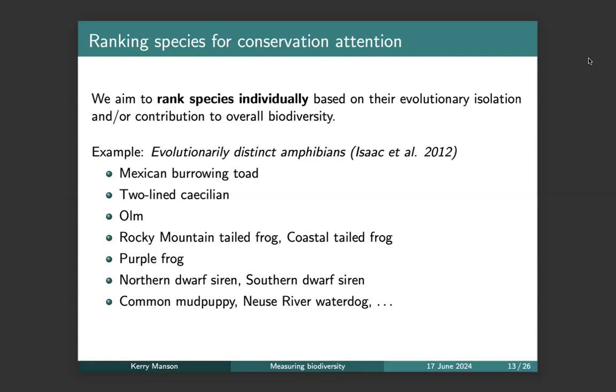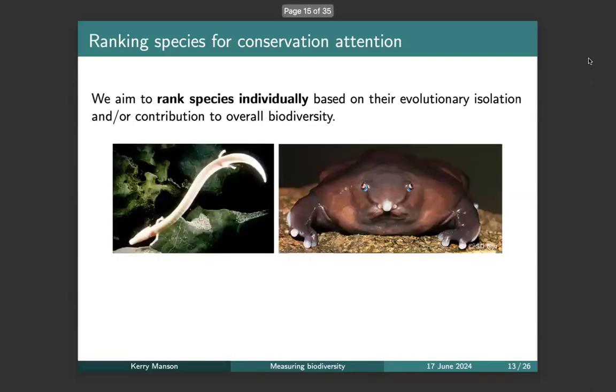So if we were looking to prioritize based on evolutionary distinctiveness alone, we would look to these species for where to go. I've got a picture here of the olm and the purple frog, so they can be quite distinctive. The Mexican burrowing toad I have not found a good picture of. I think either it's extinct or it lives so long in the mud that there's no really nice picture of them.